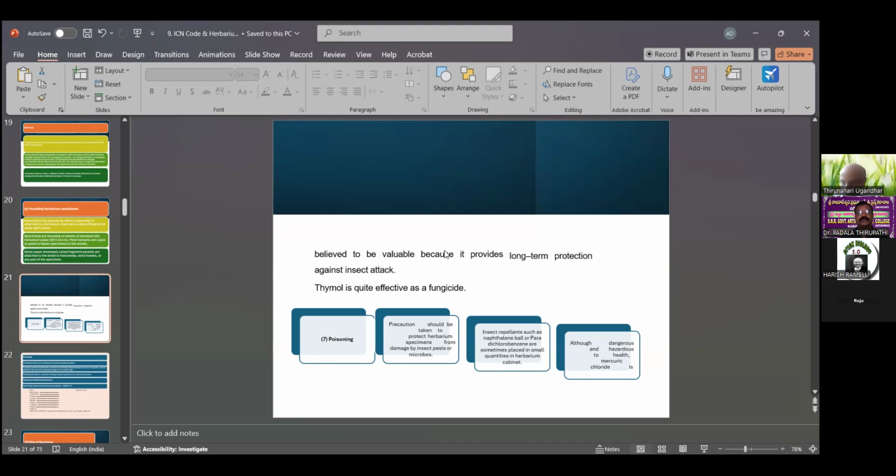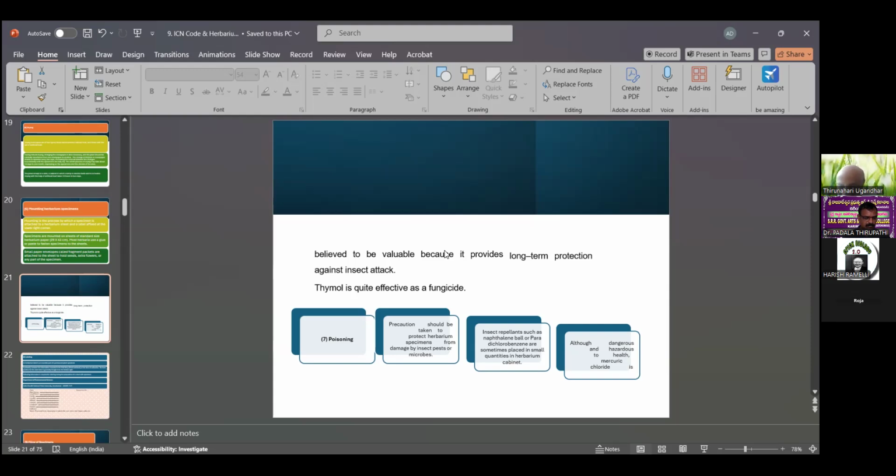Thymol powder is sprayed on the twigs to protect against fungus. Precautions should be taken to protect herbarium specimens from damage by insects, pests or microbes. Thymol is a quite effective fungicide.